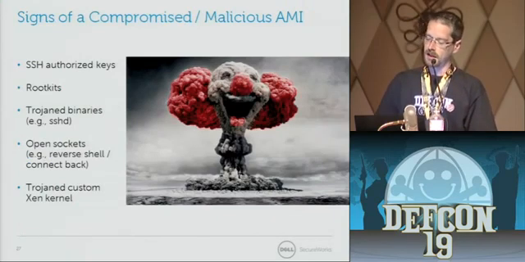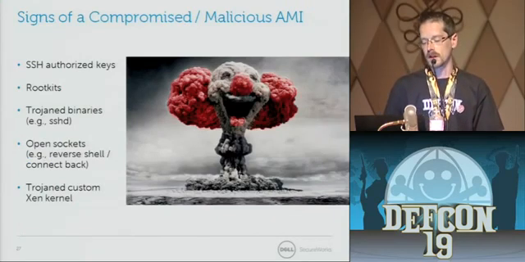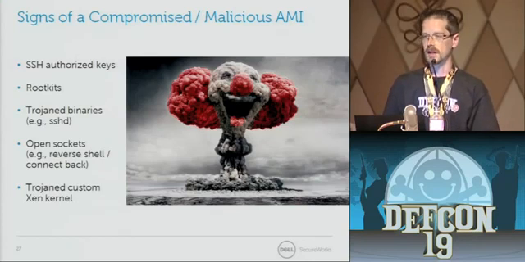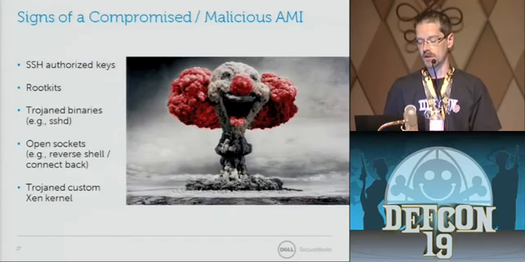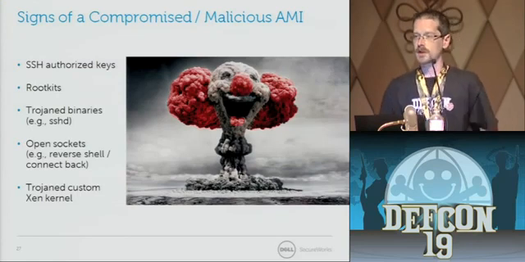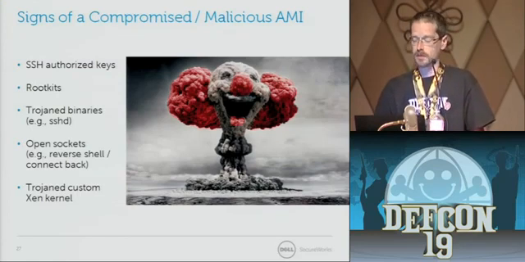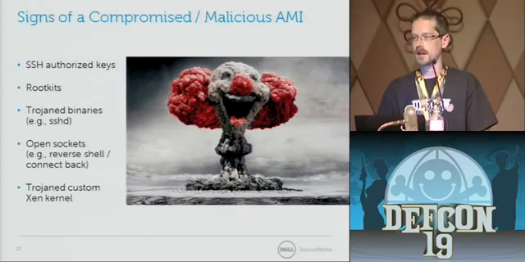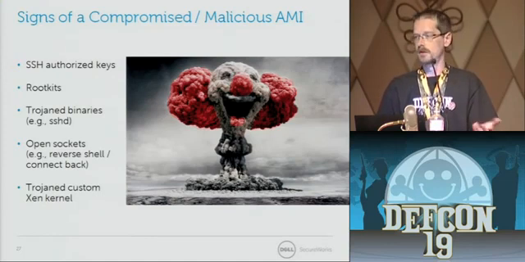And then we tried to do a little bit of looking for signs of a malicious AMI. This is primarily the SSH authorized keys. There are possibilities for rootkits, Trojan binaries, reverse shells, connect-backs, those sorts of things. With the PV-GRUB kernels that they support now, you can run your own kernel on EC2, so you could backdoor the kernel directly if you wanted to.